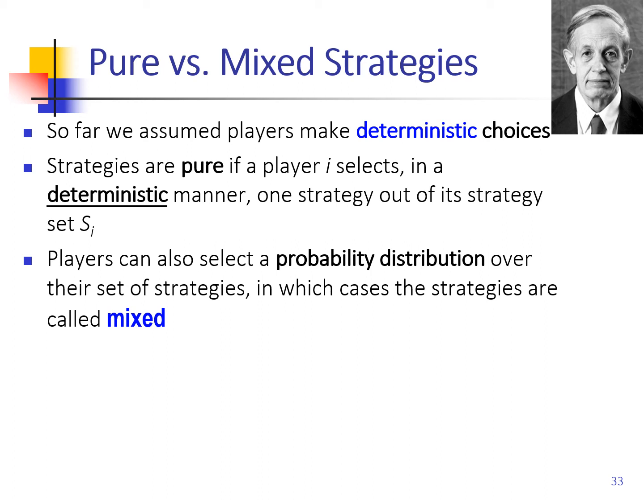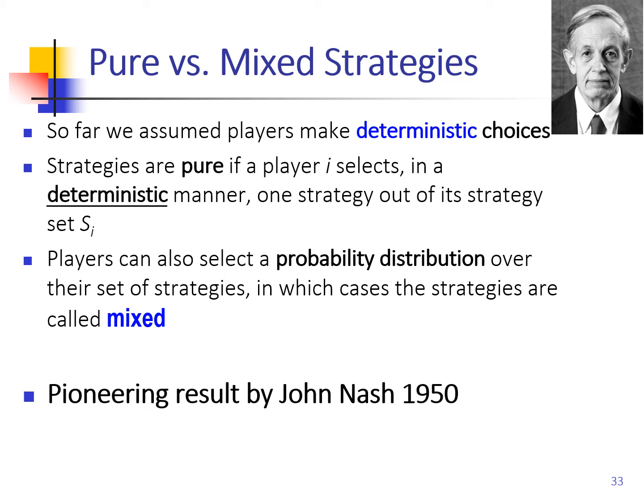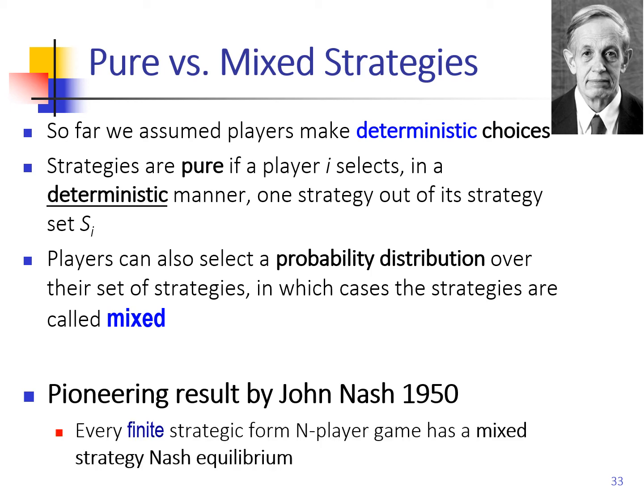So again, players can select a probability distribution over the set of strategies, which we will be calling mixed. And this is essentially one of the pioneering results of the famous John Nash in 1950, that every finite strategic form n-player game has a mixed strategy Nash equilibrium.